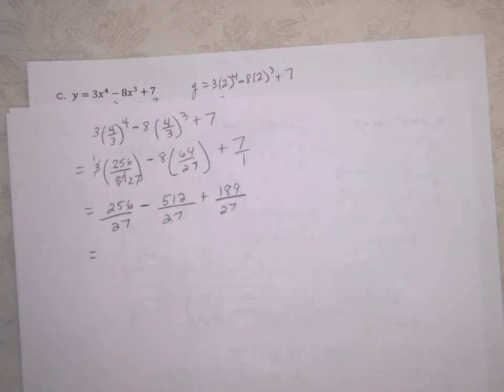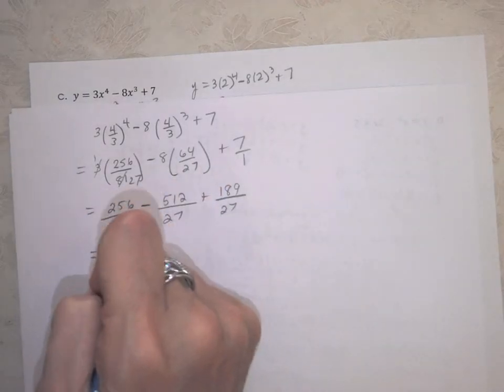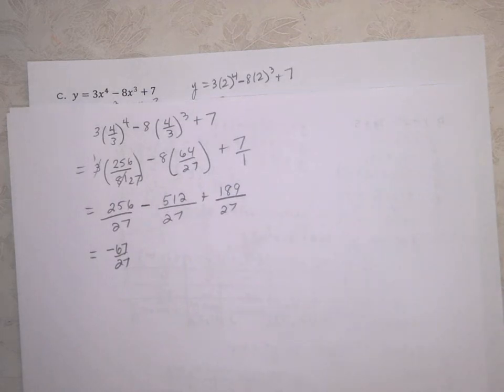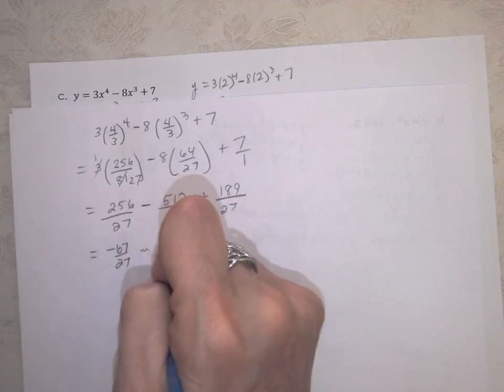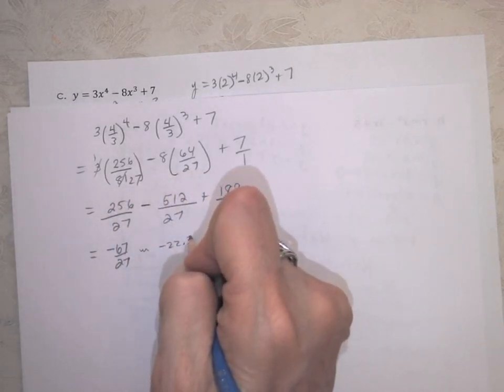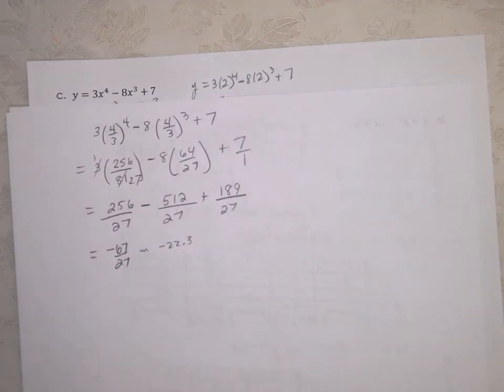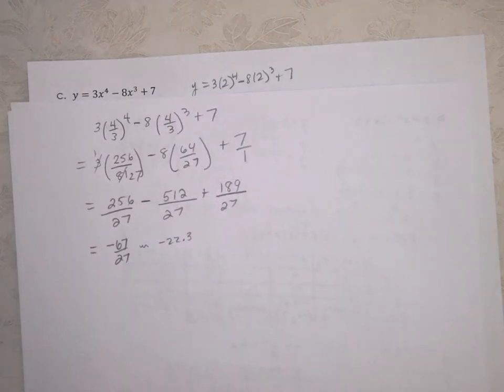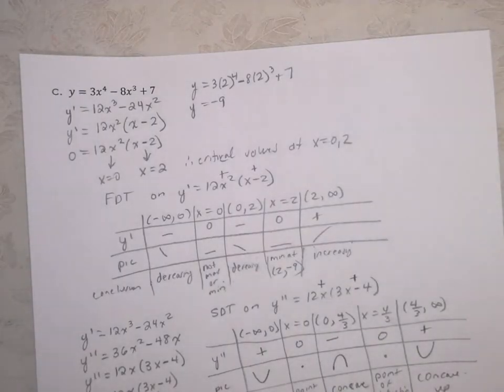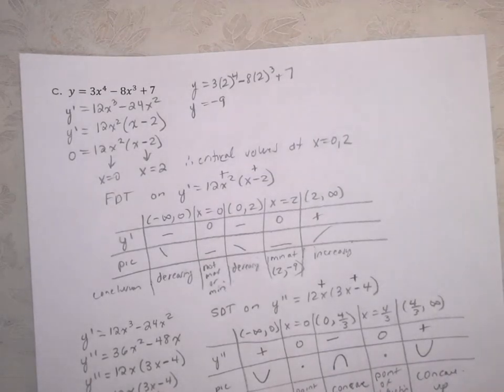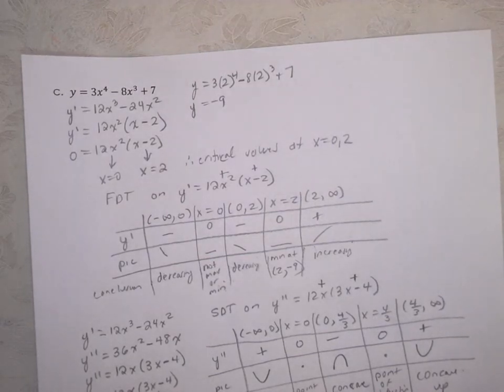So I end up getting 256 minus 512 plus 189, negative 67 over 27, which doesn't reduce, it's about negative 22.3 repeat, or negative 22 1/3 if you want to remember that for when you're doing your sketch, like where to put it in relation to other things. But that's going to be where our other point of inflection is. So 4/3 and negative 67 over 27. Remember, that's approximately negative 22 1/3.